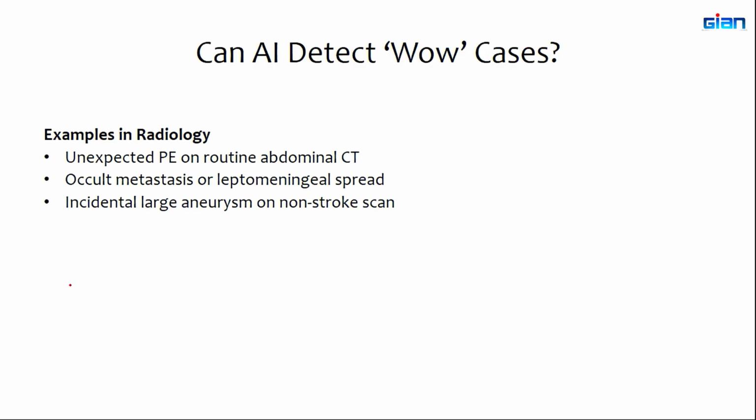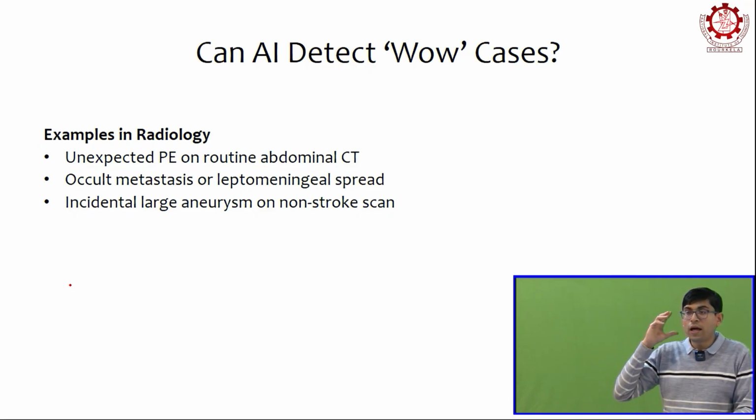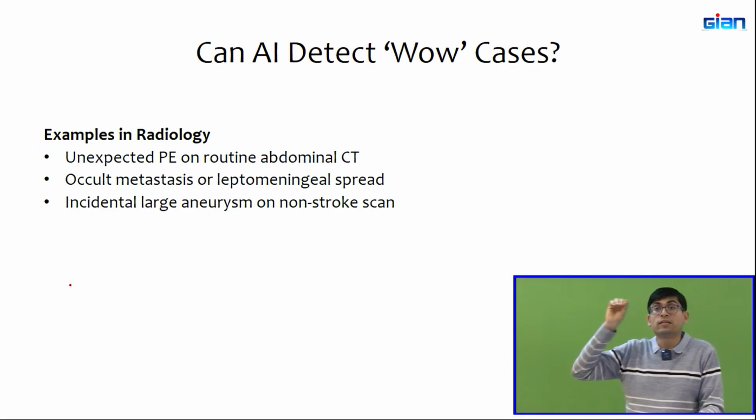So I also discussed briefly the wow cases. In radiology, if you're looking for something else, on a routine abdominal CT scan, you can have an unexpected finding, right? Sometimes you can have metastasis regions somewhere where you're looking for something else, but you find metastatic cancer.